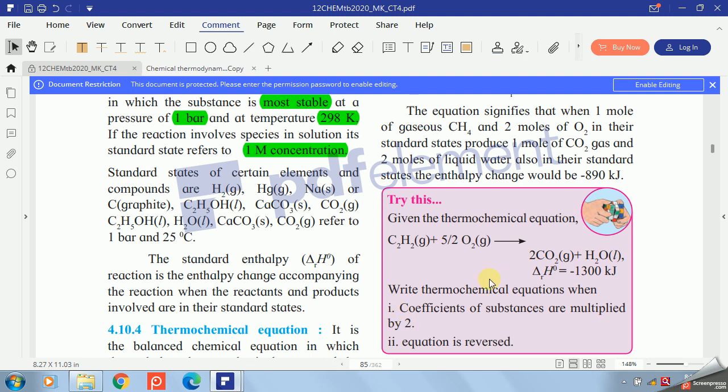So this is the answer of the first question. And if the equation is reversed, write down the reverse equation: 2CO2 gas plus H2O liquid gives C2H2 gas plus 5 by 2 O2. What is the standard enthalpy of the reverse reaction? Only change the sign. Here minus, write plus. So plus 1300 kilojoule.